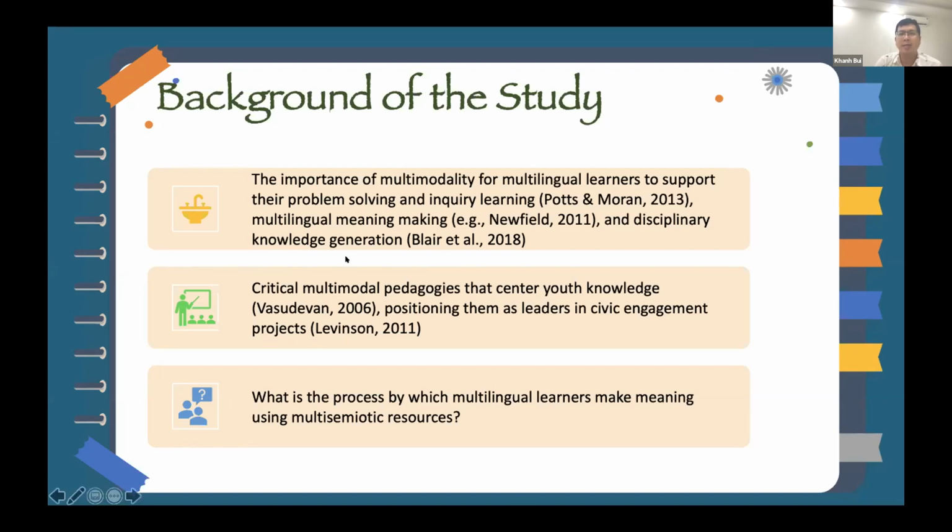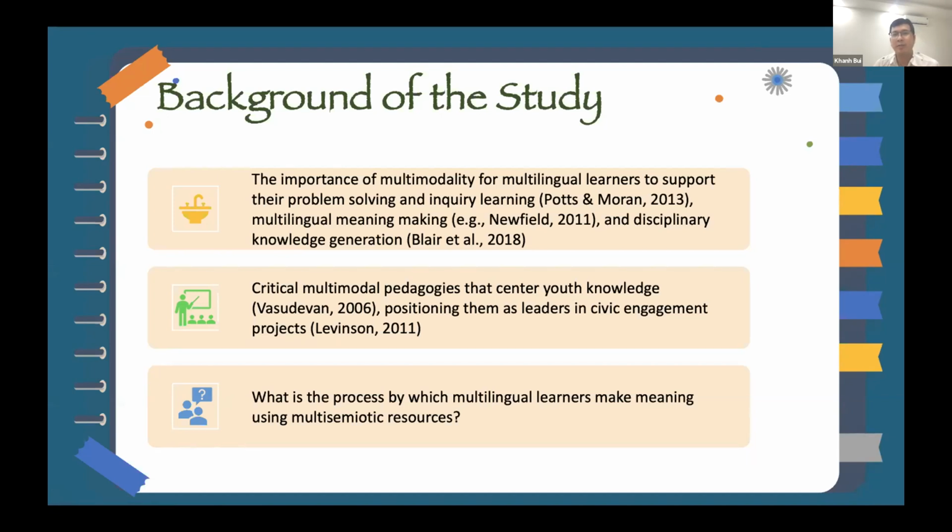The second one is that critical multimodal pedagogies center youth knowledge and position them as leaders in civic engagement projects. What actually aroused our interest is how multilingual learners can make meaning using multi-semiotic resources. That means how they can use different semiotic resources in order to make meanings.